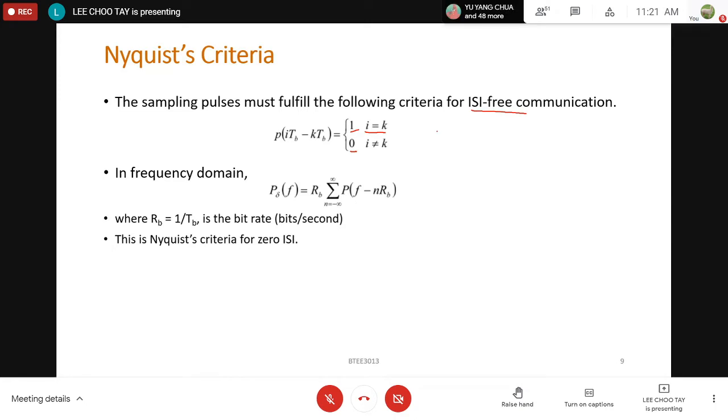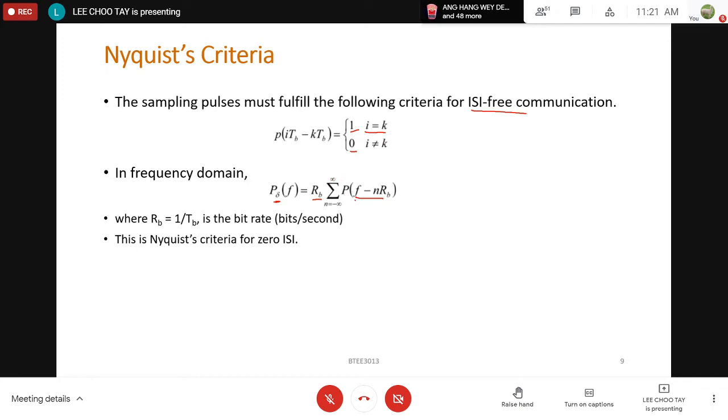In the frequency domain, this corresponds to a series of impulses with the amplitude R_B at multiples of the bit rate, f minus nR_B, where n can be any value from minus infinity to infinity.